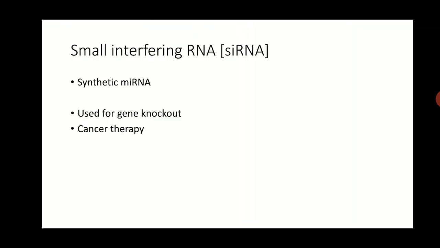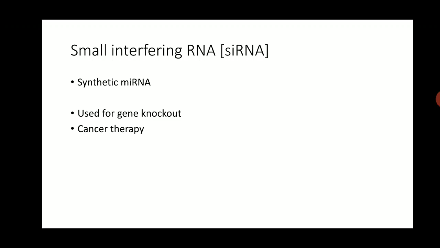There is another term called small interfering RNA. These are usually synthetic microRNAs. They are prepared in the laboratories and their main function is to cause knockout of the gene. They have similar activity like the microRNAs.